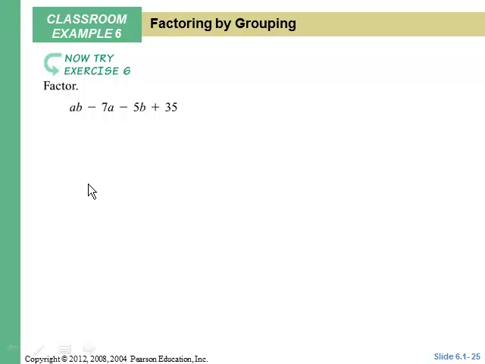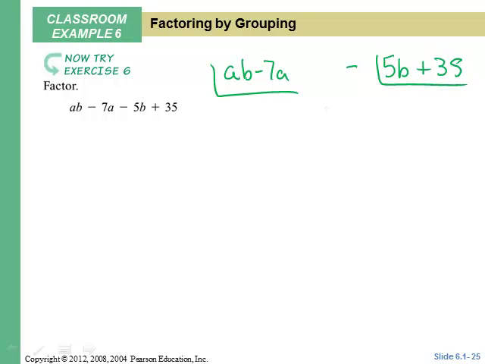Let's try it again. AB minus 7A minus 5B plus 35. By now you should be seeing that when this is a negative sign, change that sign at the end. Factor an A out, we're left with B minus 7. Factor a negative 5 out, we're left with B minus 7.